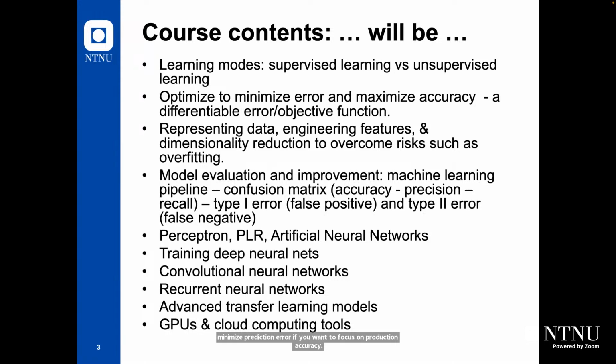We need to understand representing data and engineering features, for example dimensionality reduction, to overcome risks such as overfitting. We have a big problem in machine learning, which is overfitting. We have this overfitting problem when your model is very complex, a very large model, and you have a very small data set. Your model has a very large learning capacity because it consists of a large amount of weights, for example.